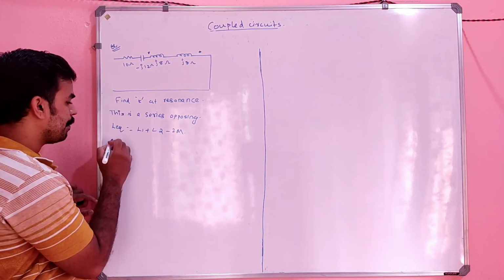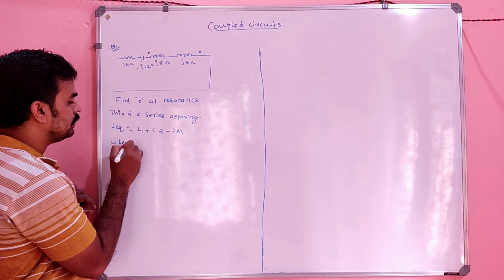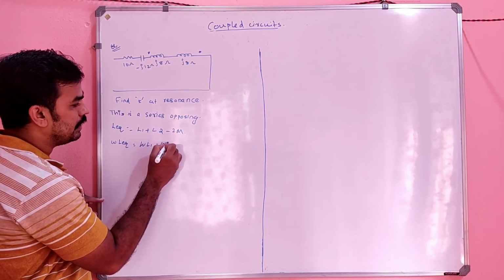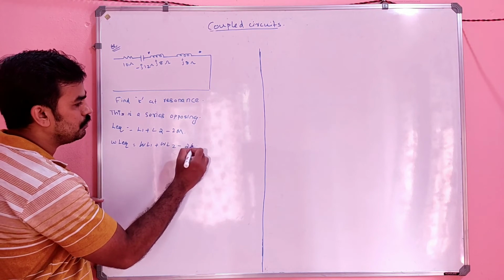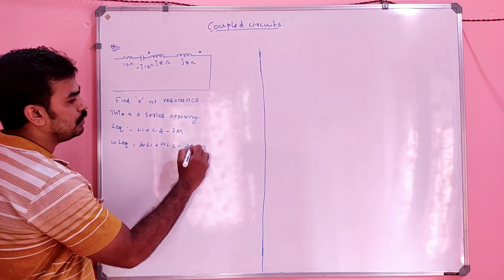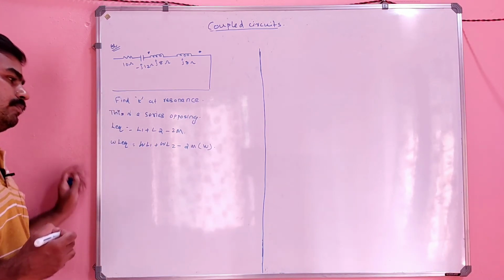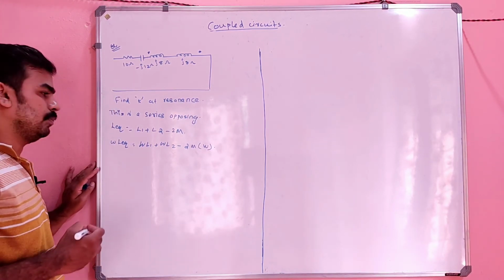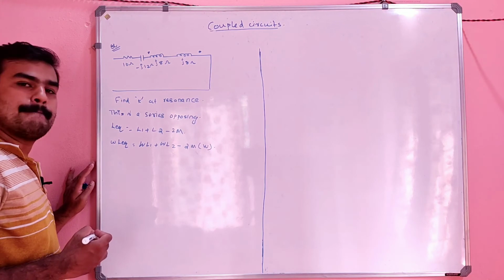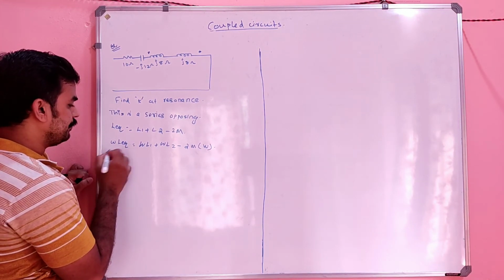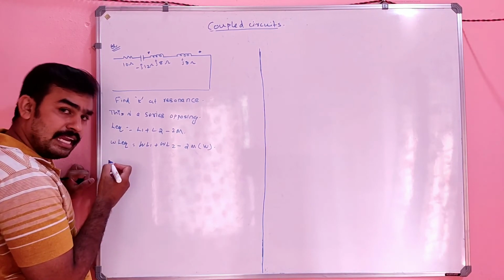It will become omega into L equivalent equal to omega into L1 plus omega into L2 minus 2M into omega. Correct or wrong? And it will become again, what is omega into L equivalent?